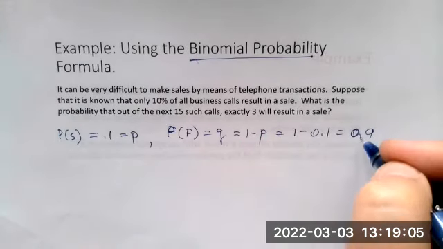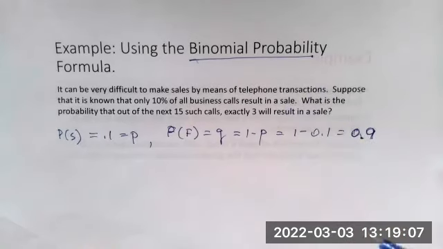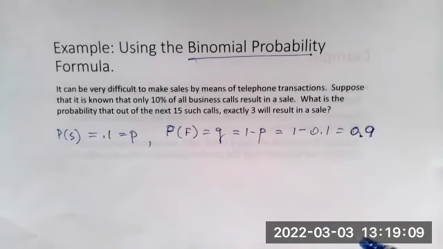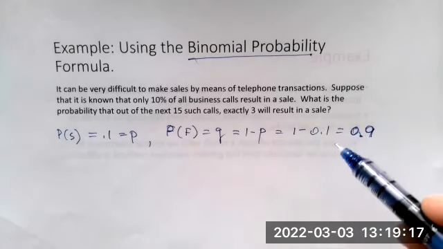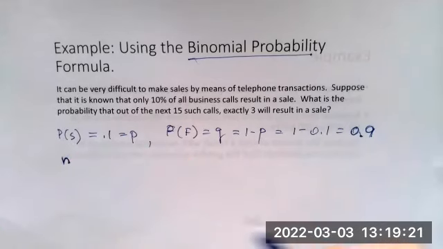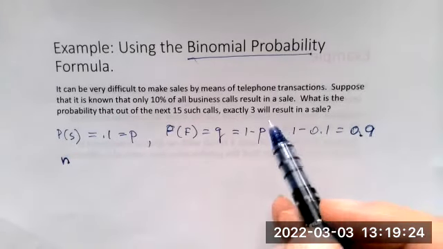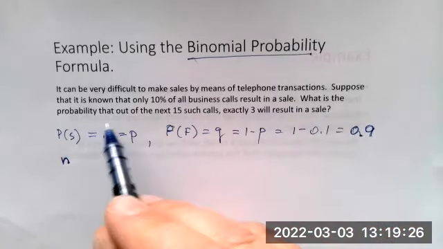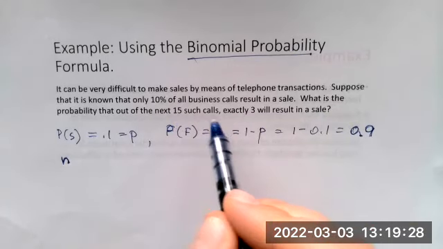Okay, now remember in the binomial probability, we are repeating this binomial trial a certain number of times, which is denoted by lowercase n. So what's n in this case? The probability out of the next 15 such calls.